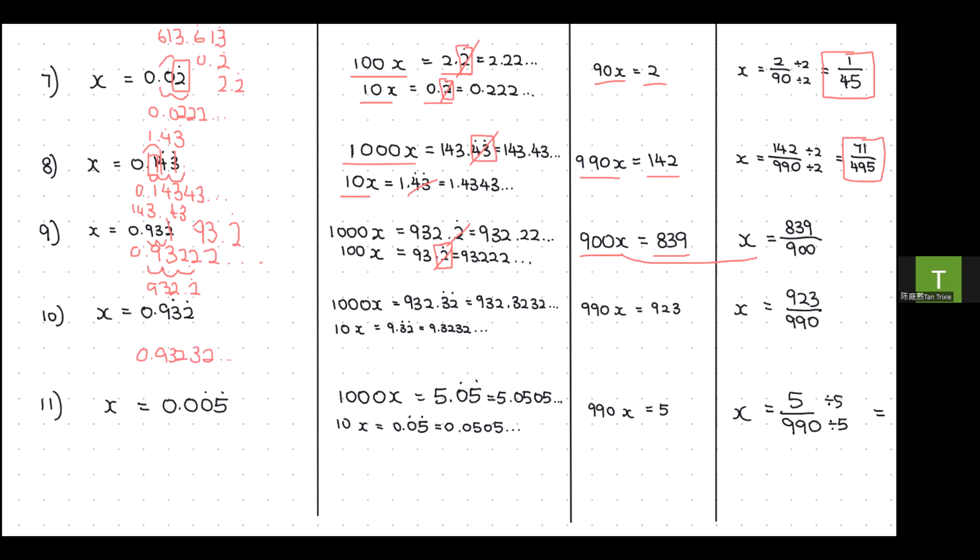So 3 decimal places, times 1000, move 3 steps, equals 932.32 recurring decimal. And then you will need to find a number which has 32 as the recurring decimal. So we will times 10, move 1 step, equals 9.32 recurring decimal.